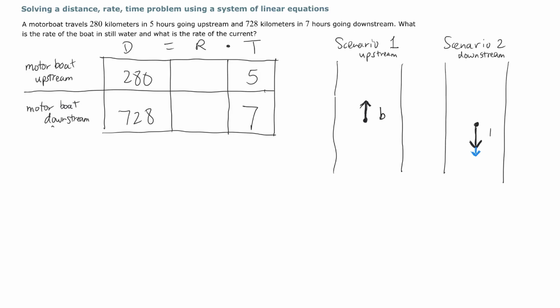And the speed here is also little b. And then why don't we use little c for the rate of the current? So going downstream, we actually have b plus c, and that's easier to see.